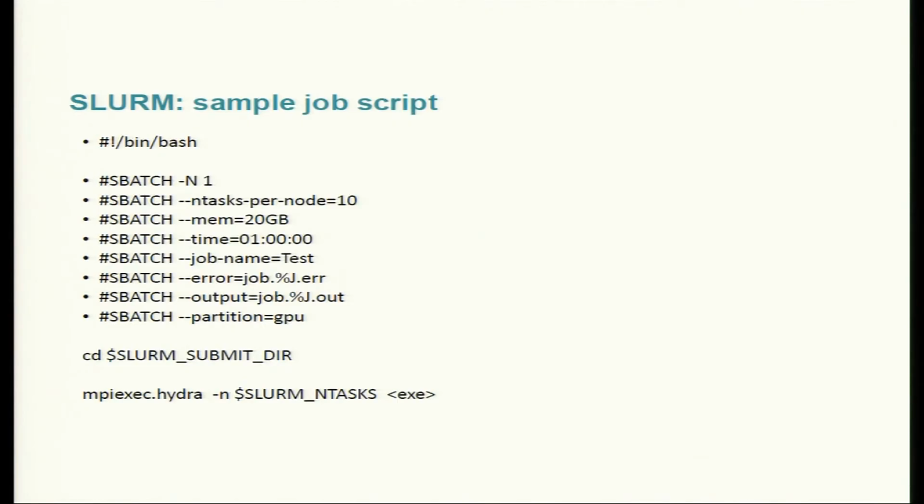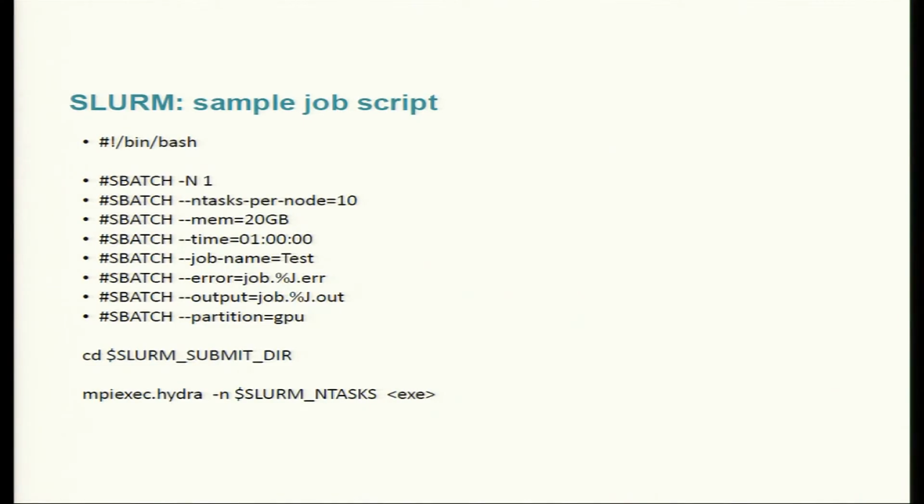I can specify my time requirement. So this is hours, minutes, and seconds. Then my job name. And then I can specify the job file name wherein my standard output, standard error will go to. So this %J will take the job ID.